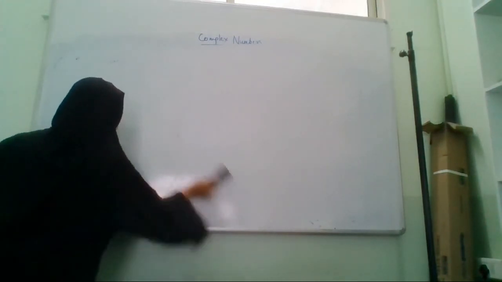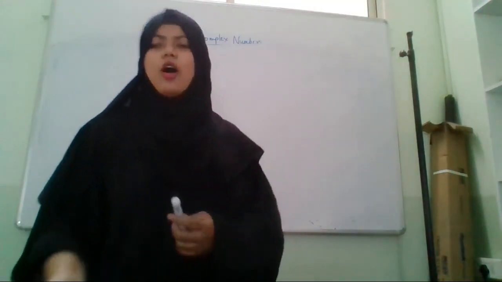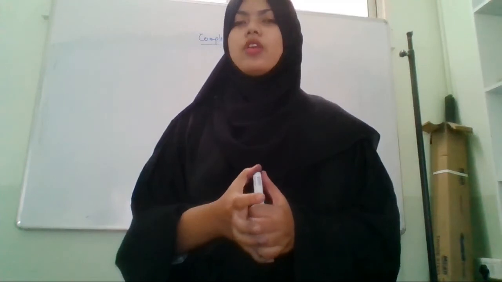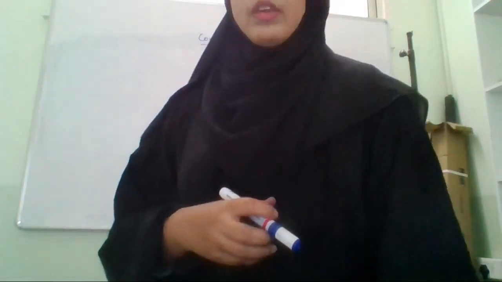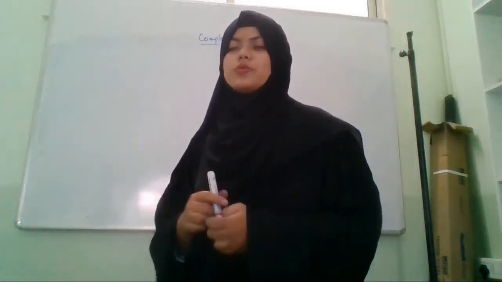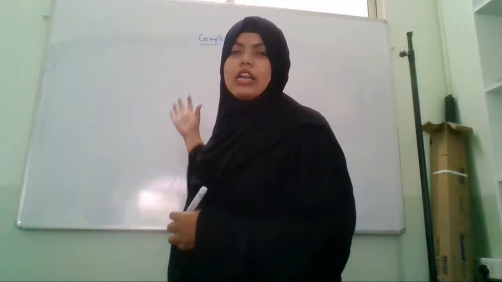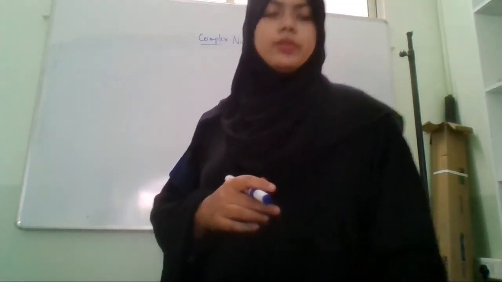Then the next will be multiplication of complex numbers, which we will see in the next class. Till then, just go through these properties. Take some other examples and try to verify these properties, so you will get used to it.